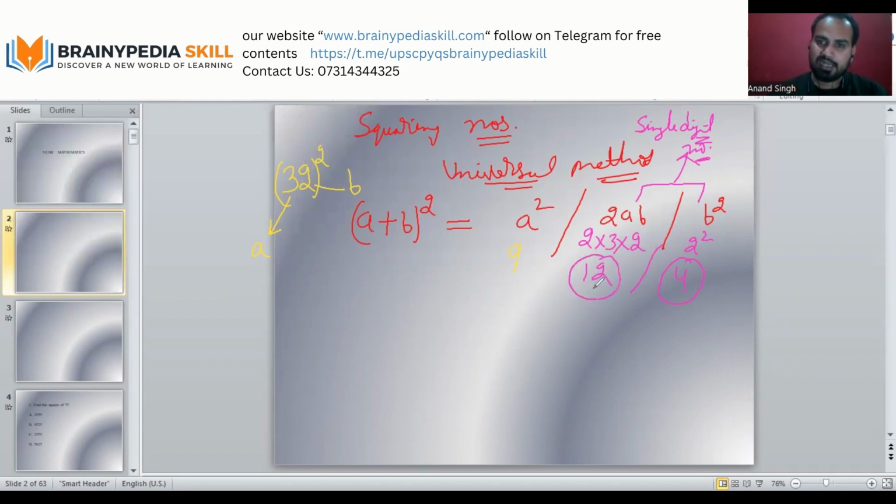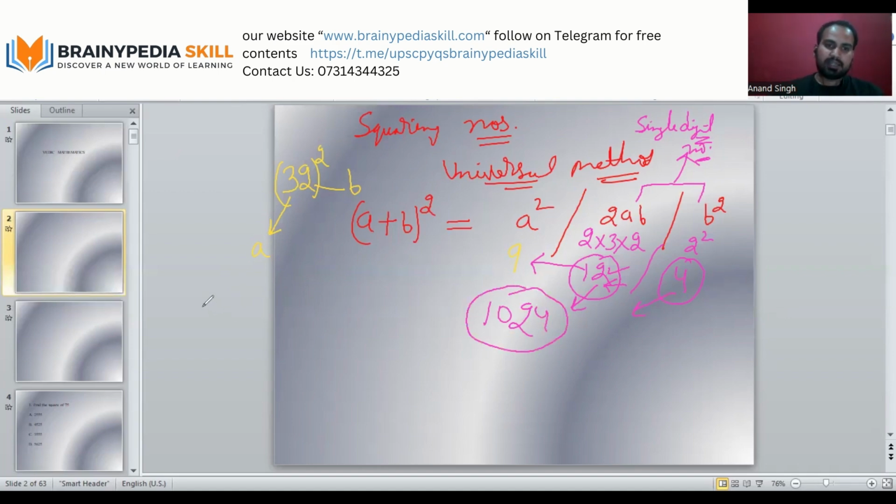This 12 is a two-digit number, so again we pick a number from the right hand side, which is 2. What is left over is 1. 1 is going to be carry forwarded and added into the next number. So that is going to be 10. 2 comes from here and 4 comes from here. So 1024 will be the square of 32.